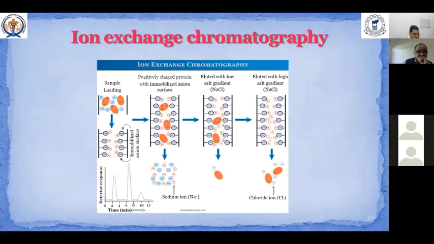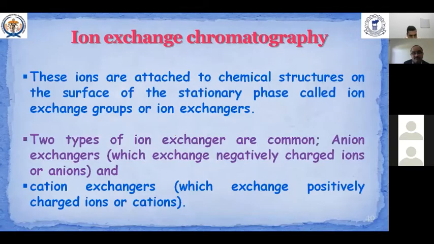The ion exchanger group is attached to the opposite-charged ions of the salt. When protein molecules are passed through this stationary phase, molecules of the same charge replace the ions of the salt and are attached to the stationary phase, and other molecules are washed out with the buffer.